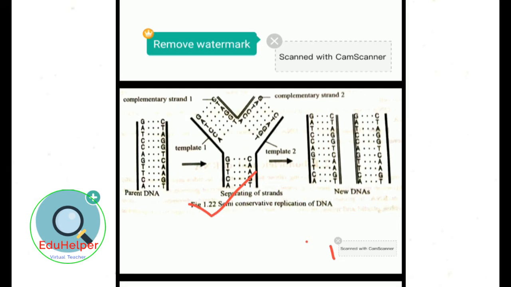Helicase is the enzyme that splits the two strands. The initiation point where the splitting starts is called the origin of replication. The Y-shaped structure that is created is known as the replication fork.